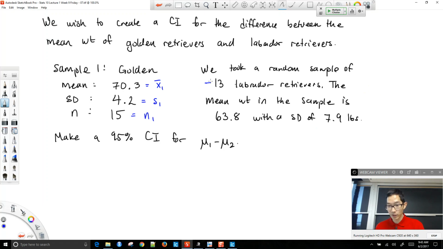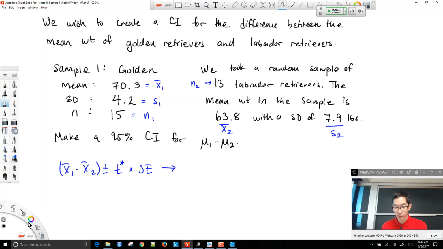So 13 is N2, 63.8 is x bar 2, and standard deviation 7.9 is S2. All right, so I go through x bar 1 minus x bar 2 plus or minus t star times the standard error. Okay, we'll plug in our values.